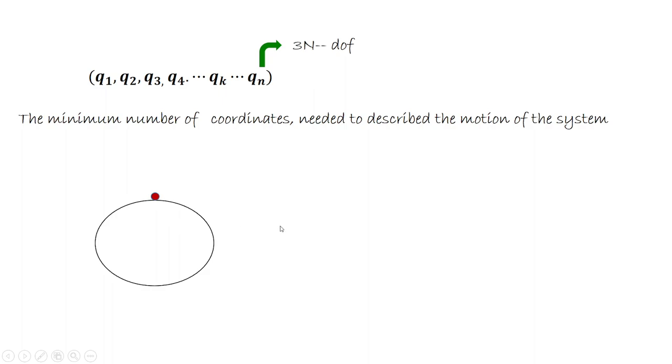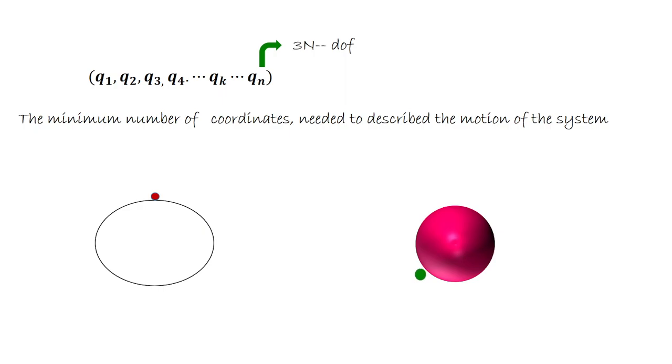Let us look at another example, a particle moving on the surface of a sphere. This particle will move in this way, like this, and one more thing: this particle will move like this.